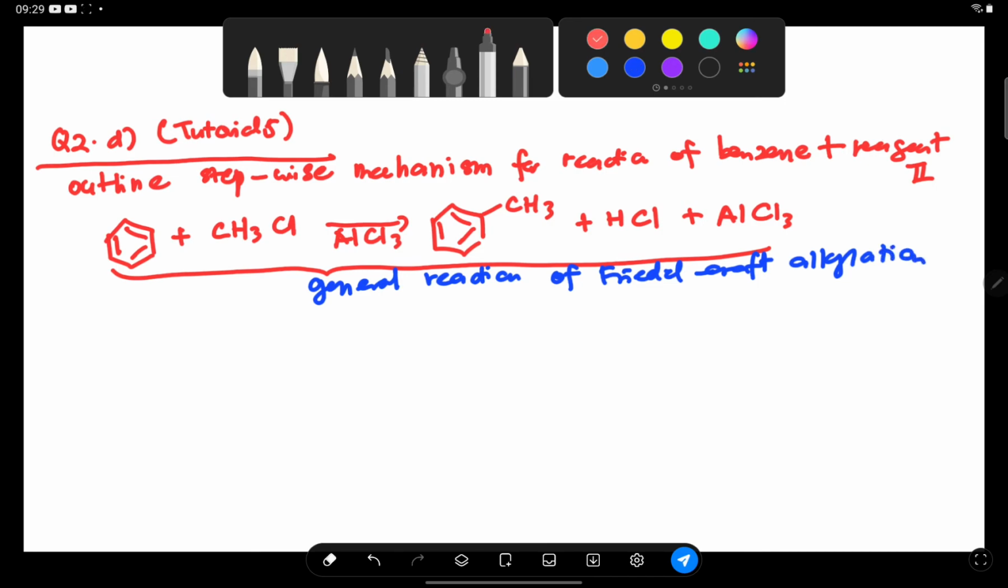Okay, so we proceed with step 1. Step 1 is the formation of electrophile.